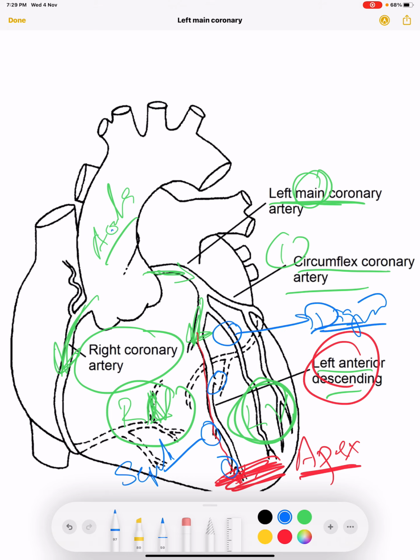So aorta, RCA, left main coronary artery, circumflex artery, anterior descending supplies the anterior wall, RCA supplies the inferior and posterior wall, and circumflex artery supplies the lateral wall of the heart. Okay, that's it. So this was all about the circulation. In next video I will tell you the coronary circulation but in a different plane. This was it for this video.